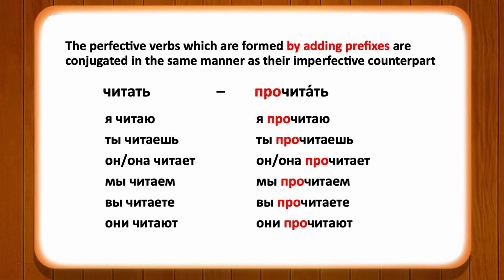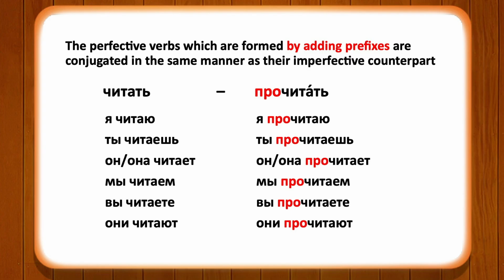So ya chitayu imperfective conjugation, ya prachitayu, ti chitayish, ti prachitayish for imperfective, on chitayat for perfective, on prachitayat, ana chitayat, ana prachitayat, mui chitayam, mui prachitayam, vi chitayche, vi prachitayche, ani chitayut, ani prachitayut.